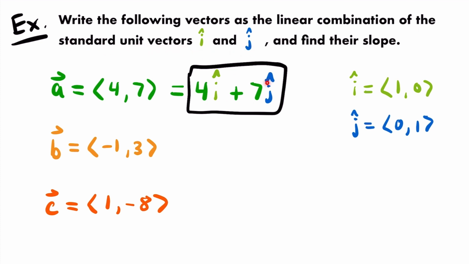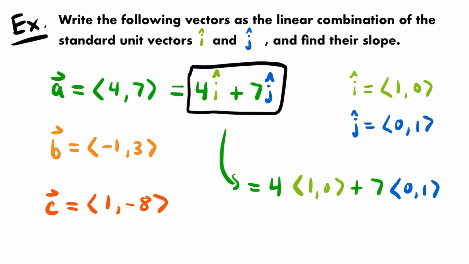Now, the reason why this is equal to this is because if we use these definitions of i and j, here's what this looks like. This would be equal to 4 times vector i, which is 1, 0, and then we'd be adding that to 7 times vector j, which is 0, 1. If we perform scalar multiplication here, we'll have 4 times 1, 0 and 7 times 0, 1. We multiply 4 by both of those components and multiply 7 by both of these components.